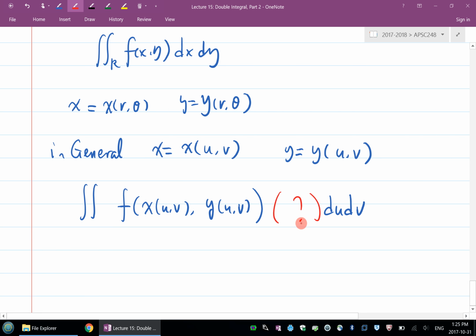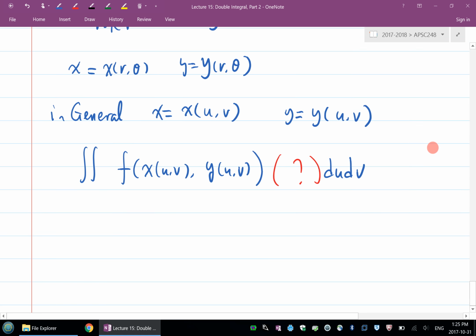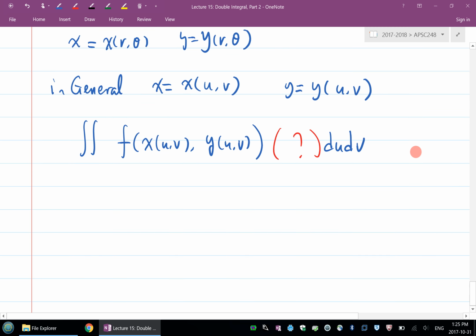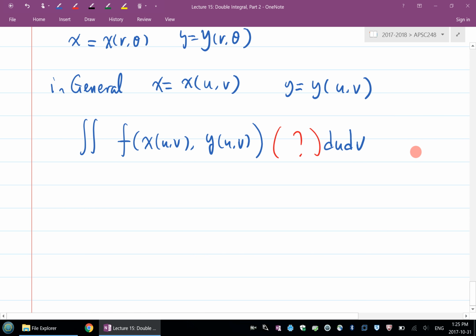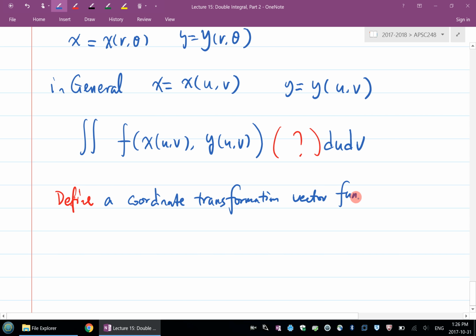Is that good? Okay, to figure out the question mark, let's back off a little bit. We're going to define a so-called coordinate transformation vector function.